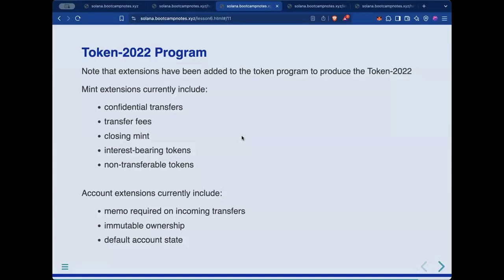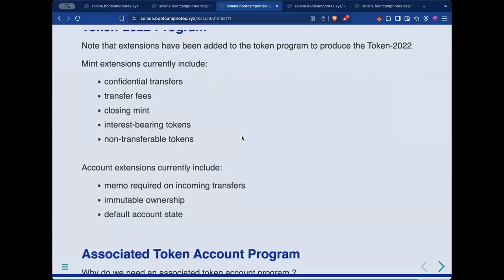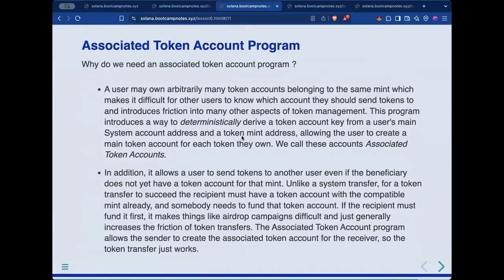So, for example, if you wanted to have some confidentiality in the transfers, or if you wanted to apply fees when tokens are being transferred, or have interest-bearing tokens, etc. So, extra use cases, extra functionality that people have wanted, will have been put into this Token 2022 program as well. But we're going to talk about that later on. We've got that as a separate topic later on.